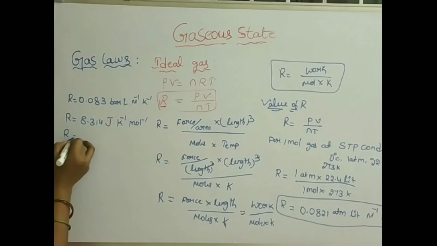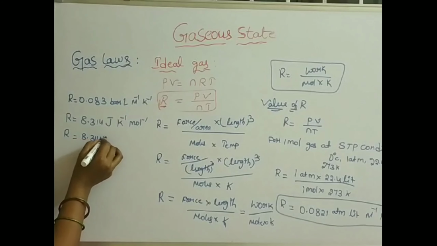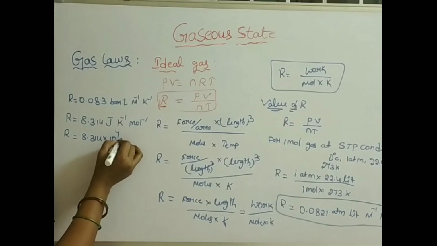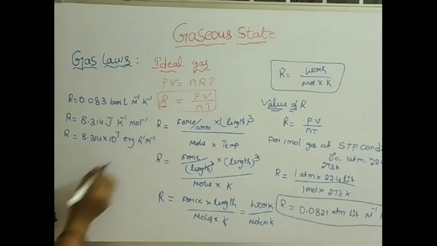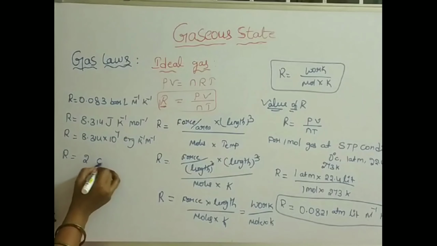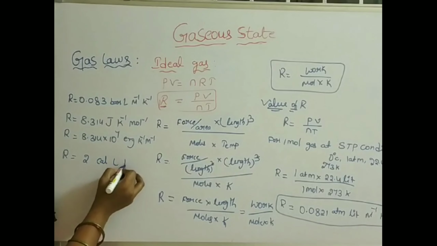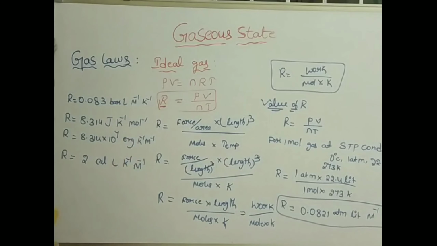And in ergs, 1 joule equals 10 power 7 ergs, so 8.314 into 10 power 7 erg Kelvin inverse mole inverse. And in calories, the value of R is 2 calorie Kelvin inverse mole inverse. These are the values of R and the derivation for R.